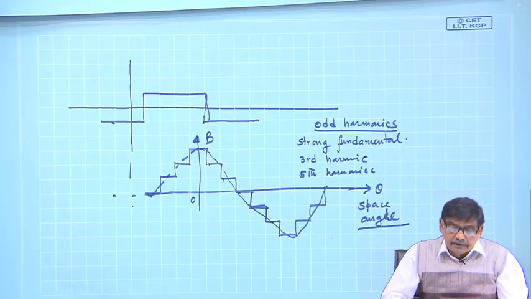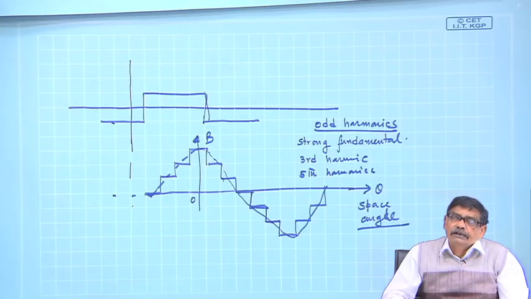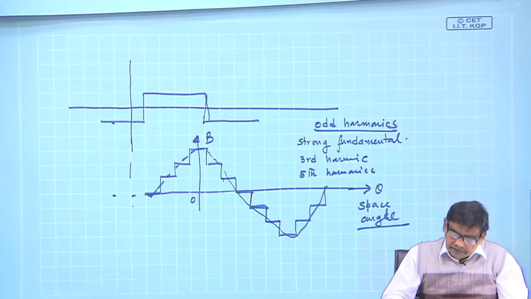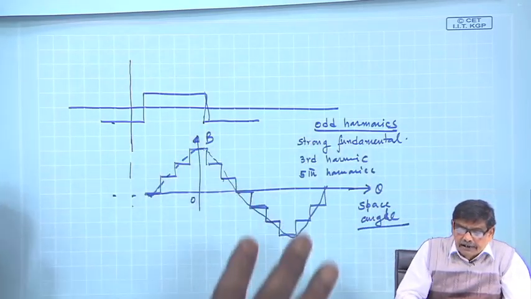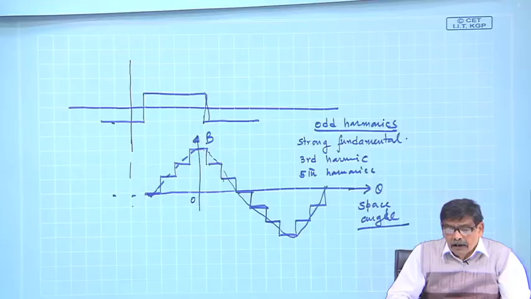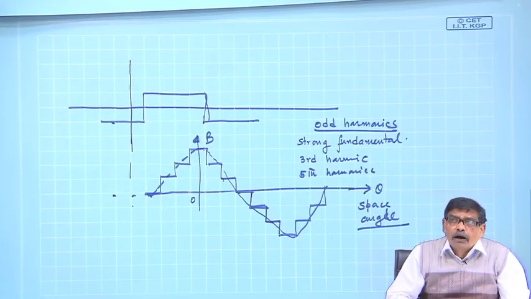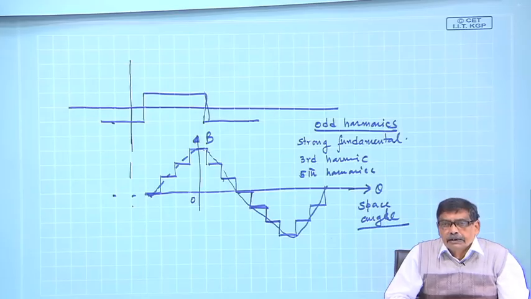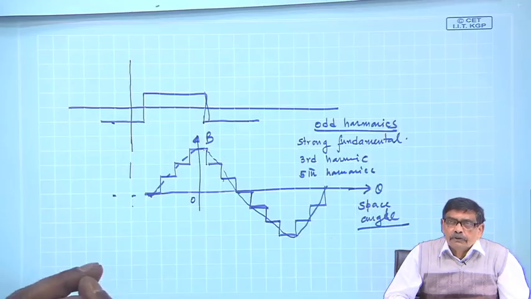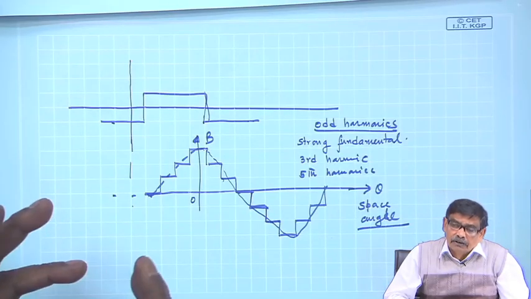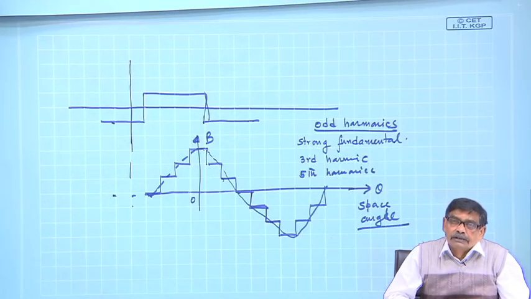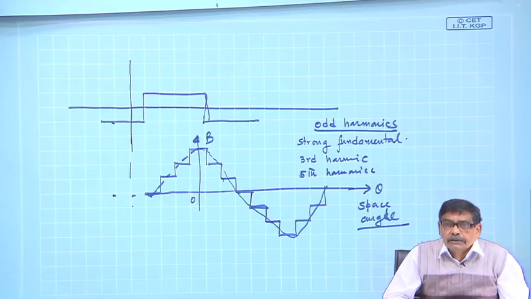And in our next class, what we will do, we will in fact start windings. Now, with this preliminary understanding of things, we will show you how to make windings of an induction motor, AC windings of an induction motor, or that of the stator of a 3-phase squirrel cage induction motor, things like that.